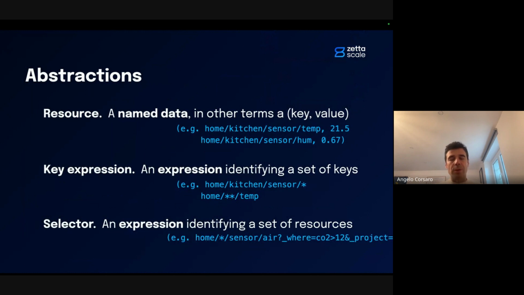Okay, programming model. So in Zenoh, we deal with resources. What is a resource? A resource is named data, in other terms, a key value, okay? So something like home/kitchen/sensor/temp with value 21.5 is a valid Zenoh resource. And actually in Zenoh, there are a series of primitive types that are understood natively by the runtime.